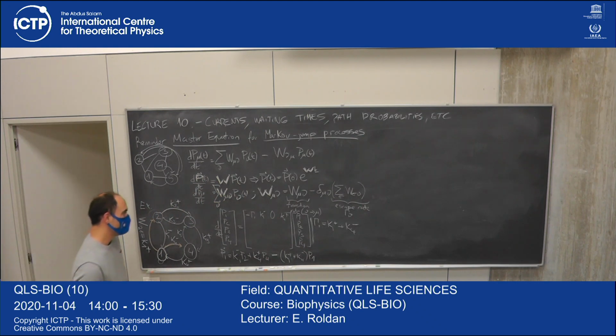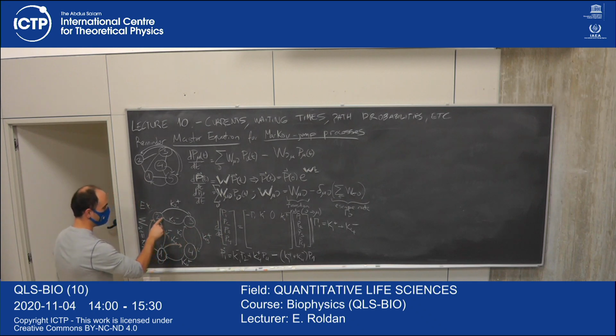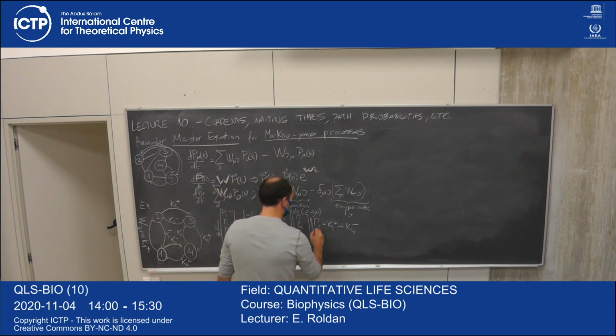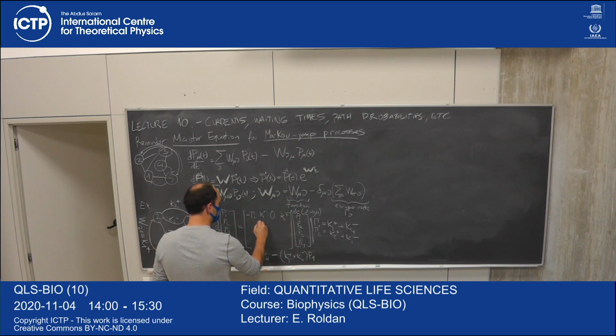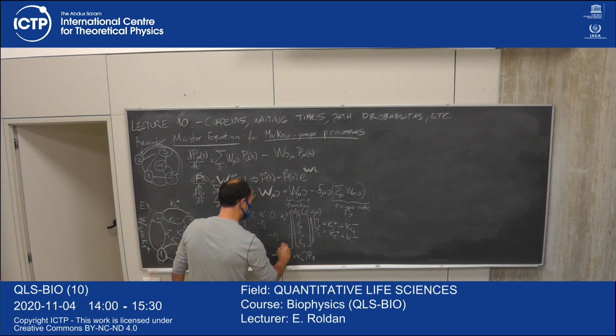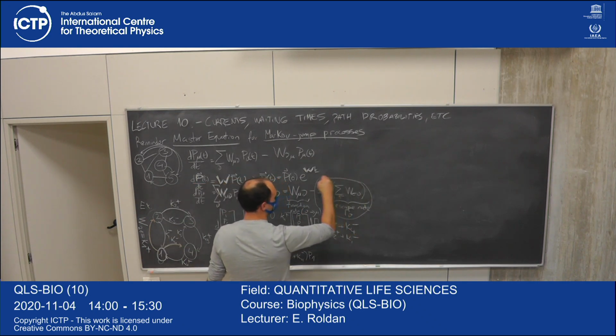Right. So from P2, it's now the same game all the time. From P2, I escape with K2 plus and K1 minus. K2 plus, K1 minus. This is gamma 2. So minus gamma 2. In each state, you have an escape rate. So there will also be minus gamma 3, minus gamma 4 in the diagonal. That's what this term is doing. Okay?